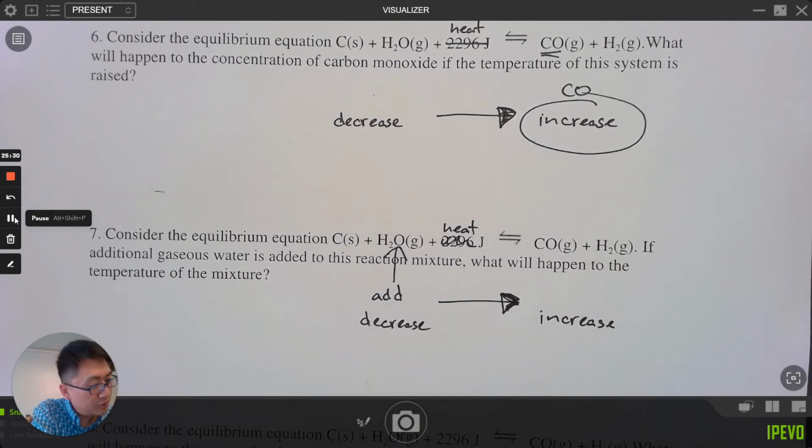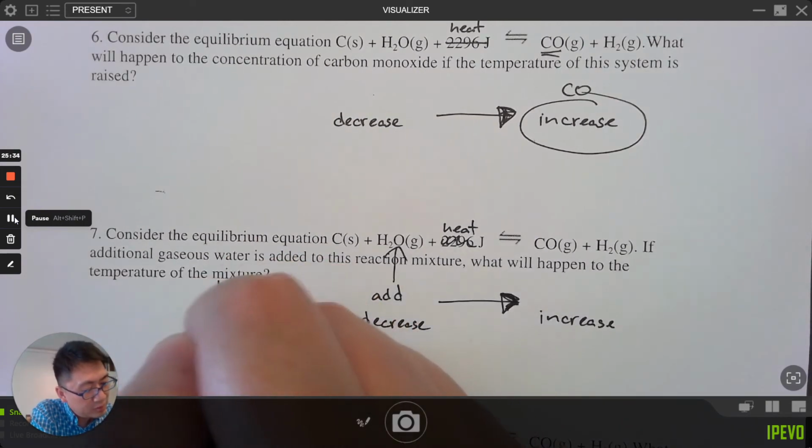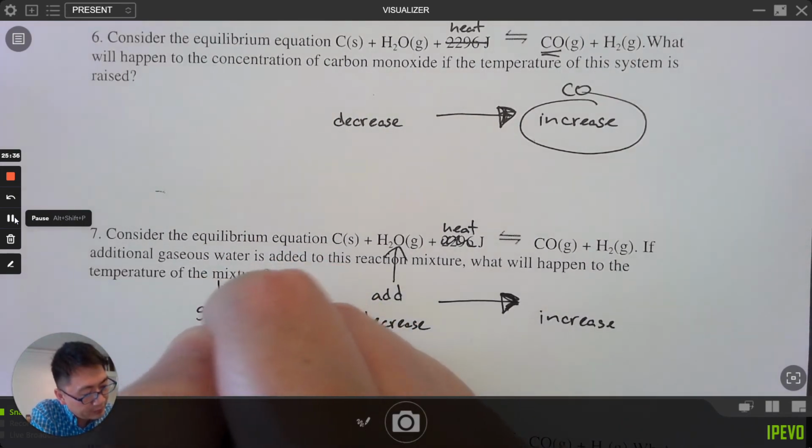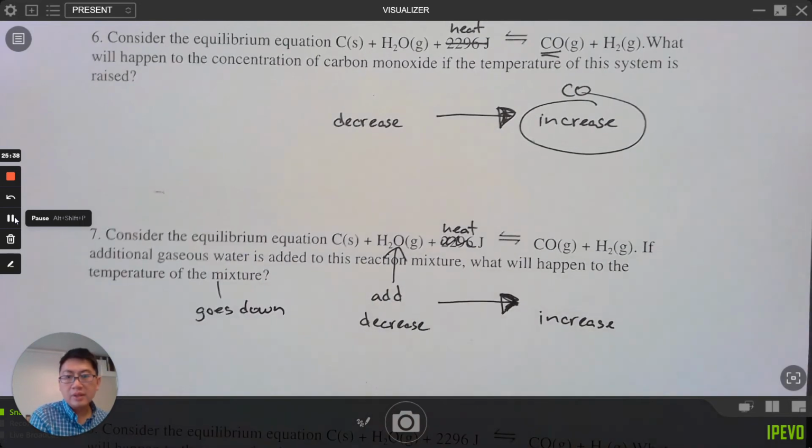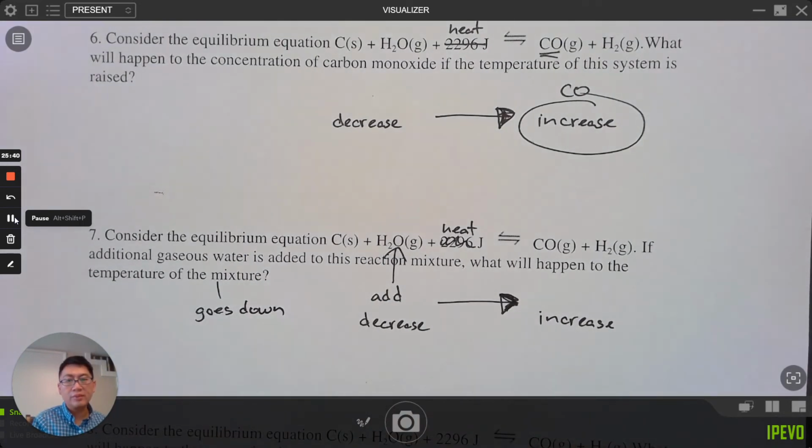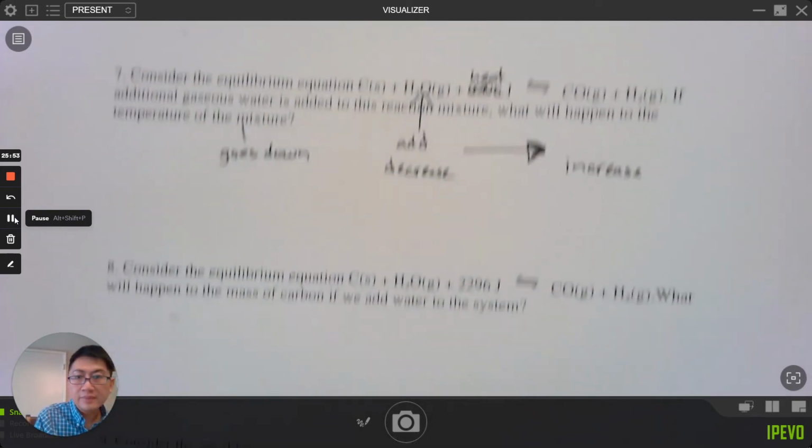The heat decreases, so the temperature must go down, because we'll be using up heat, or removing heat. You remove heat, it gets colder. Okay. Next one, number 8.